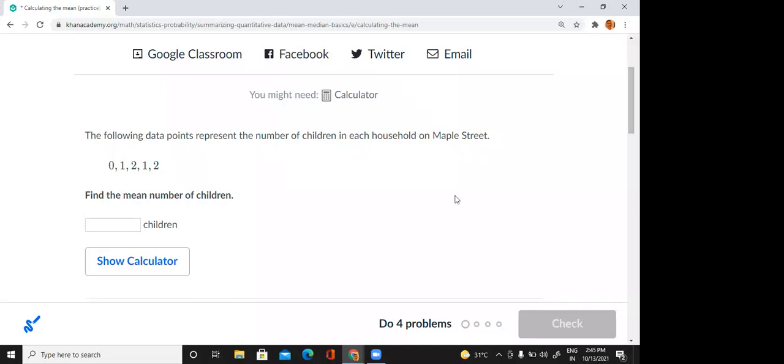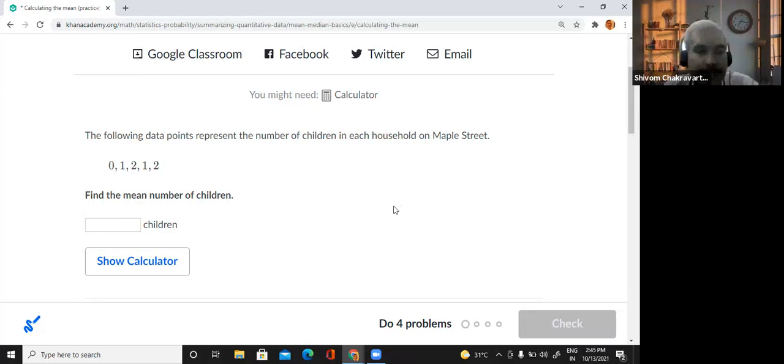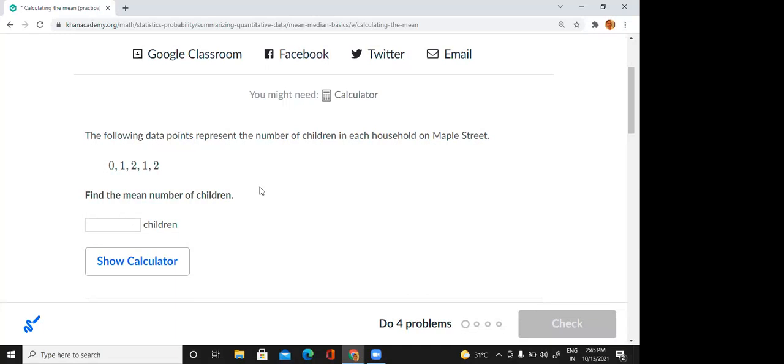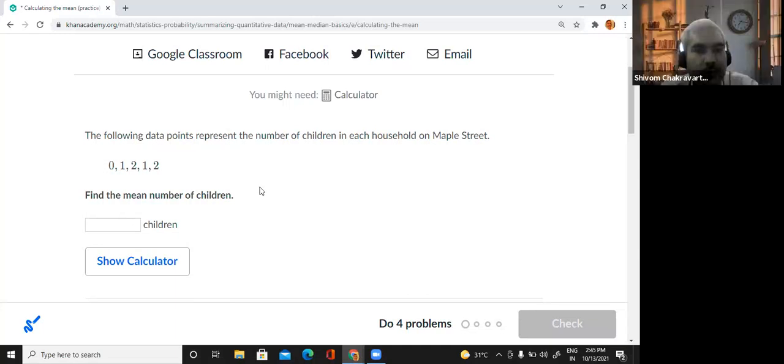So this is one of the very easy questions. You have to calculate the mean in this. Anybody who is not clear about this, what to do here? It represents number of children in a household. In a small society, how many children each family has is given. So you have to find the mean number of children, that is, average children.